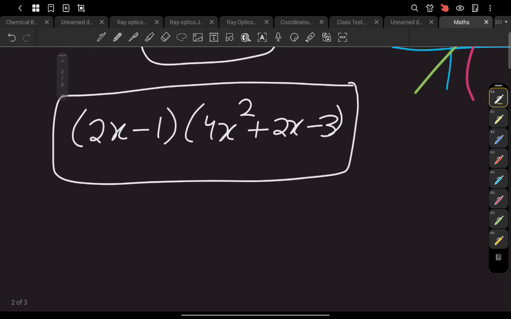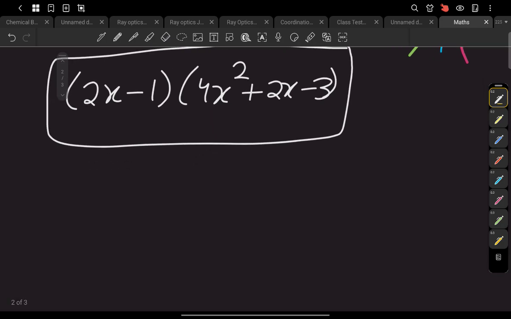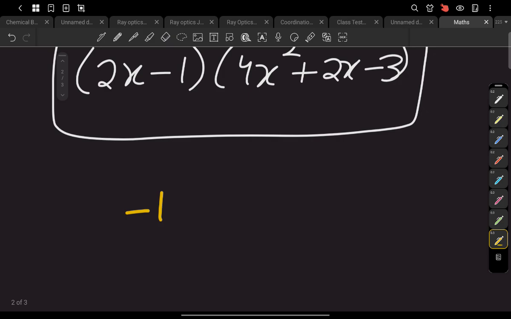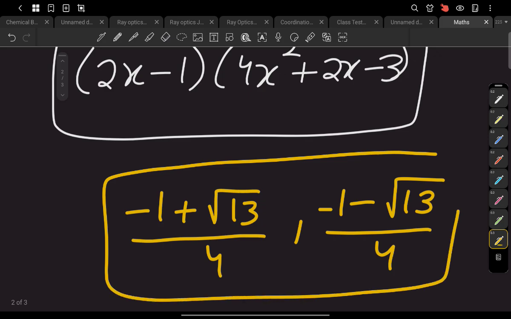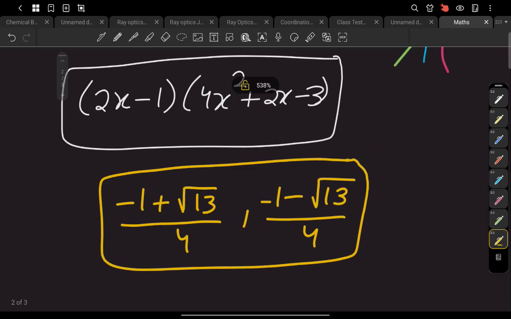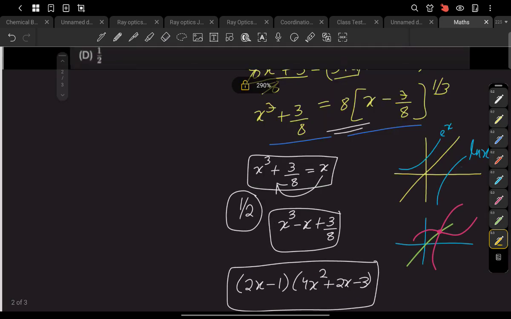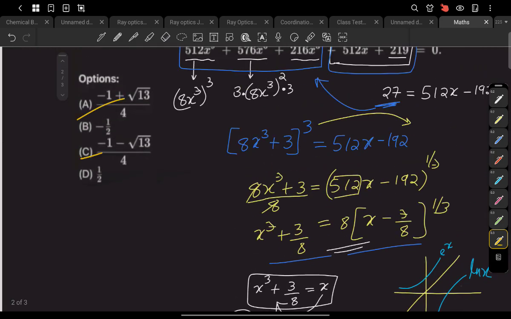What we will do is we will apply the Sridharacharya method, where D is greater than 0 over here, and we will get our roots. Our roots will be (minus 1 plus under root 13) divided by 4, and the other root will be (minus 1 minus under root 13) divided by 4. These are the two roots which are the roots of the following equation, and they are the answers, and our options will be this one and this one.